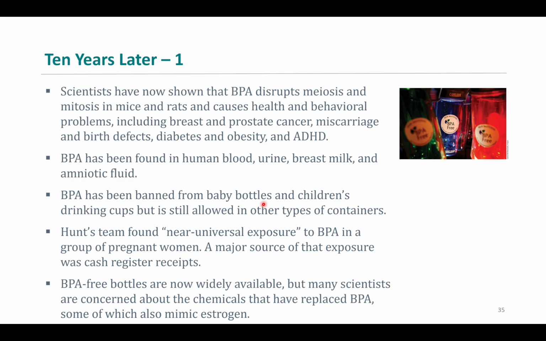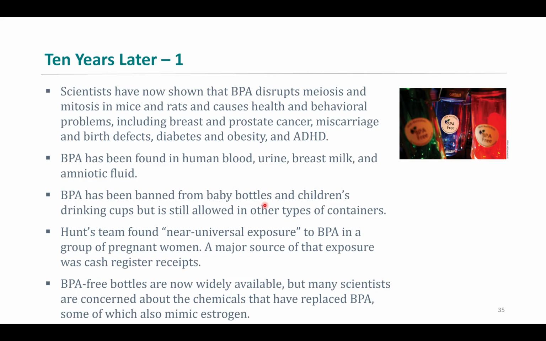So the take-home message is that in this study we found chemicals can change the cell's behavior. With current research and knowledge, we know that some chemicals like BPA can cause various diseases like breast and prostate cancer, miscarriages, birth defects, diabetes, obesity, and even ADHD.